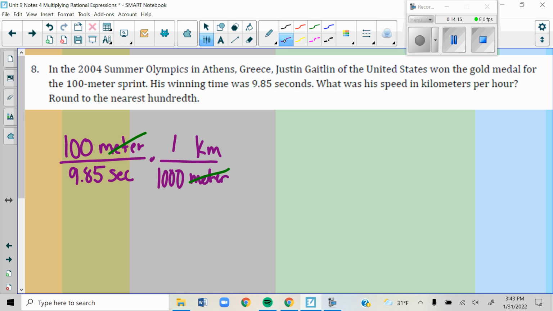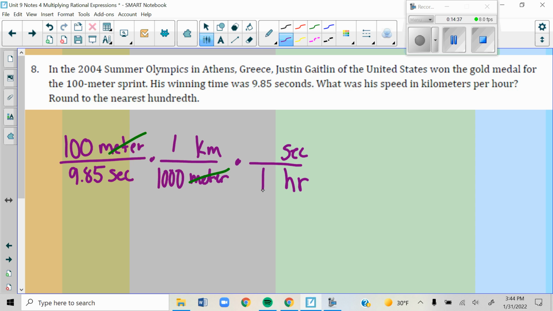Now we want to make it into hours. So we have seconds. And so you could do this two ways. You could convert seconds into minutes and minutes into hours, or we can do that all in one and go from seconds to hours. So how many seconds are in 1 hour? Well, there are 60 seconds in a minute, and there are 60 minutes in an hour.